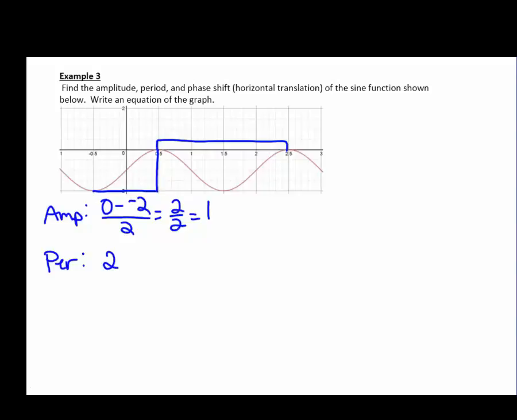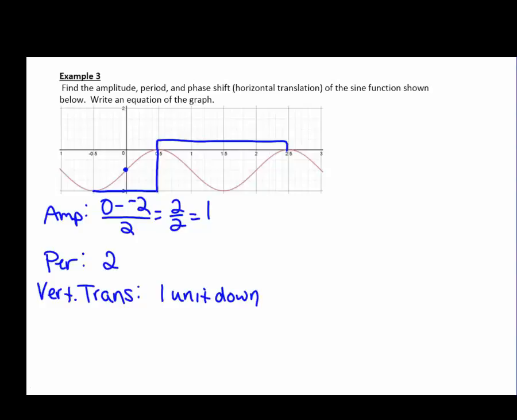As for phase shift, we actually don't have one, because the sine function starts on the y-axis, but the whole graph has been shifted down. So we have a vertical translation, but we don't have a phase shift. We have a vertical translation of 1 unit down.